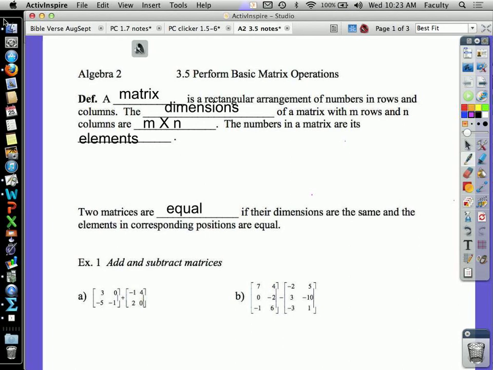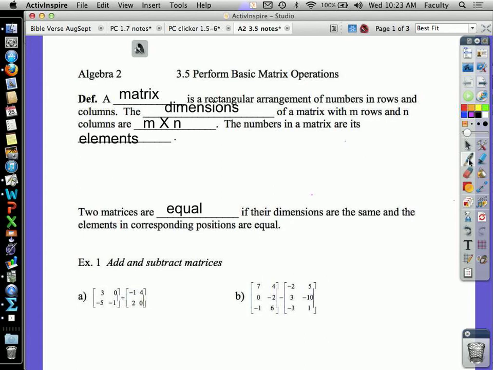Dimensions of a matrix with m rows and n columns are m by n. So we read a matrix by rows by columns. The numbers in a matrix are its elements.